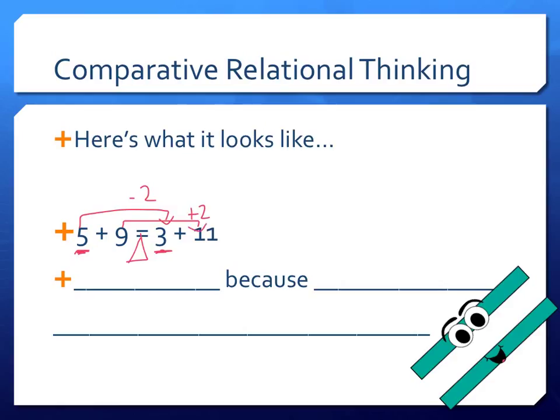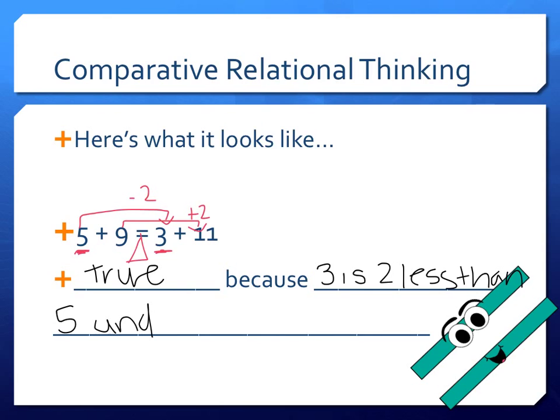Is 9 plus 2 11? It is. So I can prove this is true with that kind of thinking. True because 3 is 2 less than 5, and 11 is 2 more than 9.